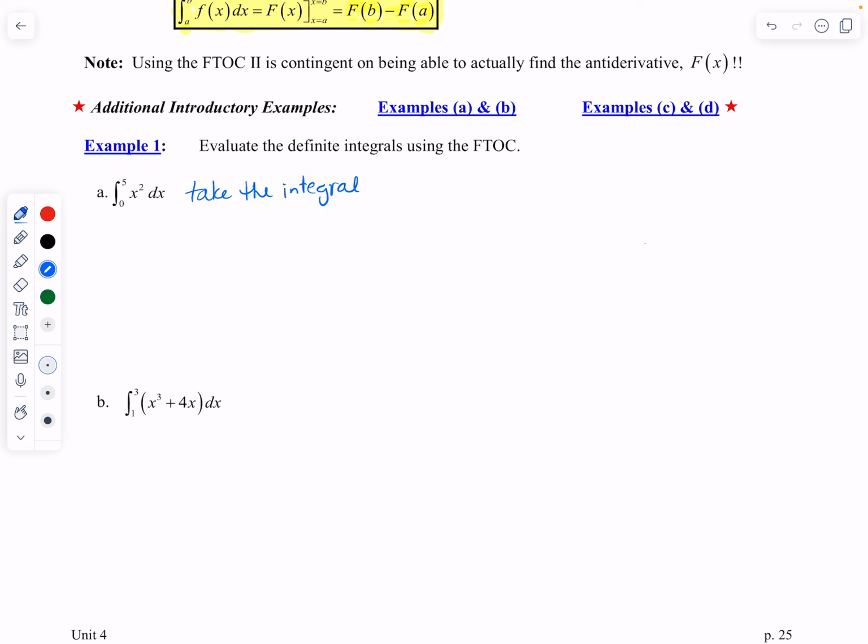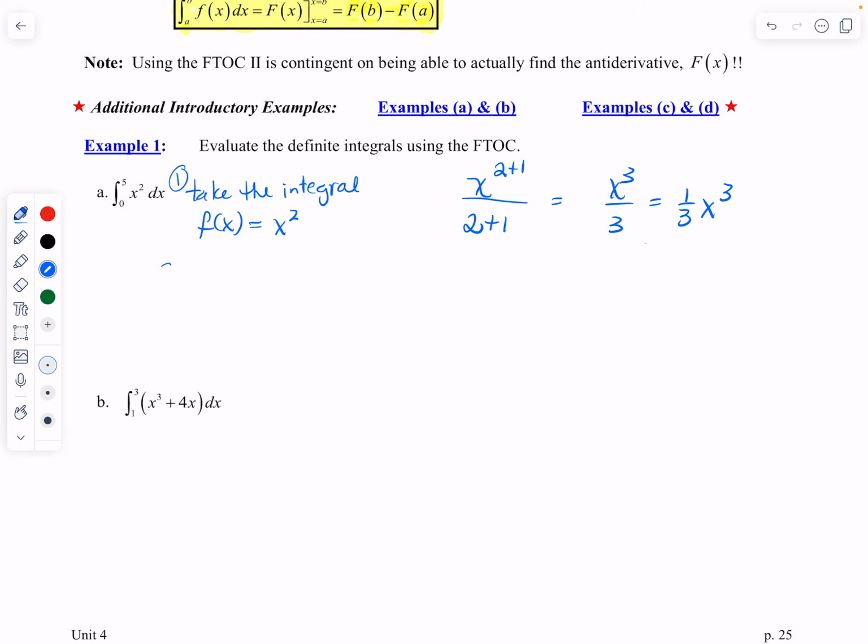I see that my function is f of x equaling x squared. So the rule says that I take the power, I add 1 to it, and I divide by that power plus 1. So this becomes x cubed over 3, or we can say 1/3 x cubed. So I did the integral. That's step number 1.